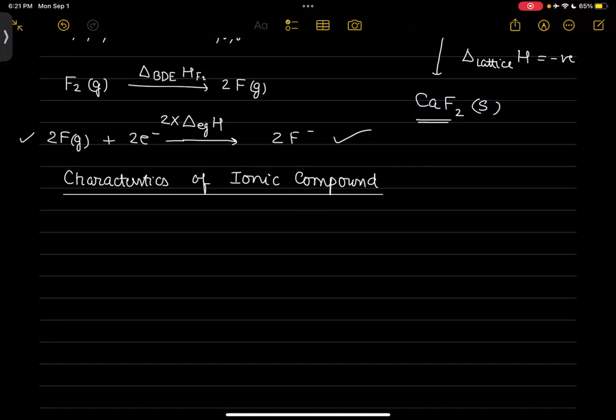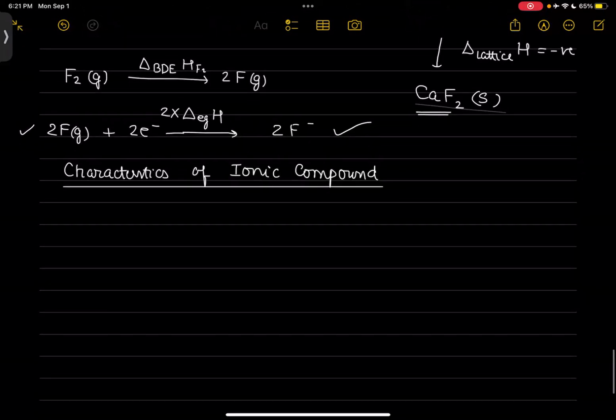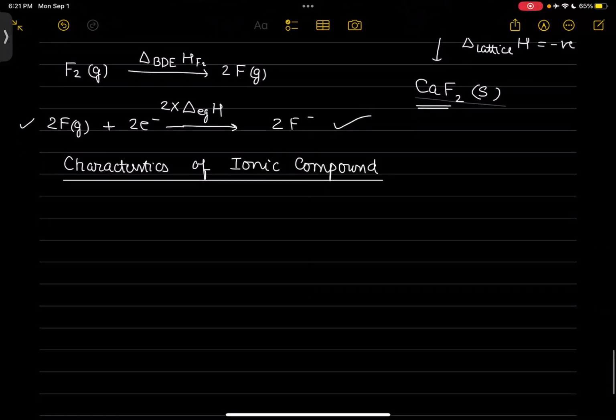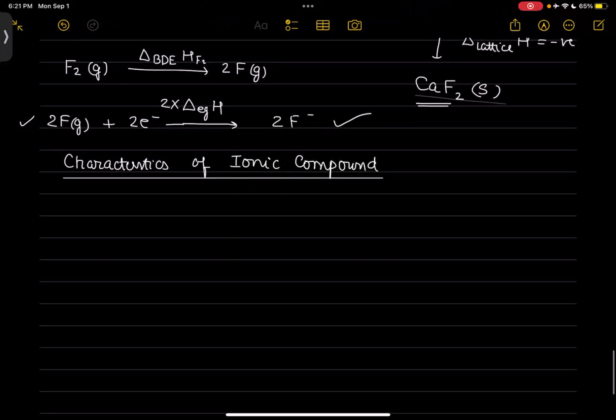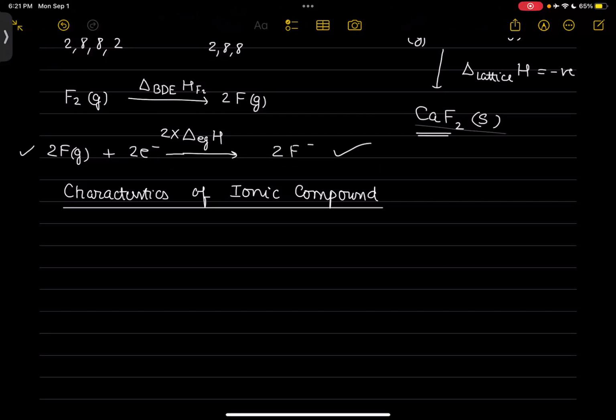Which we use in our food for cooking? Which ionic compound do we use?